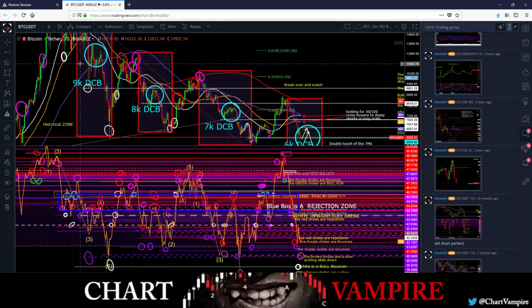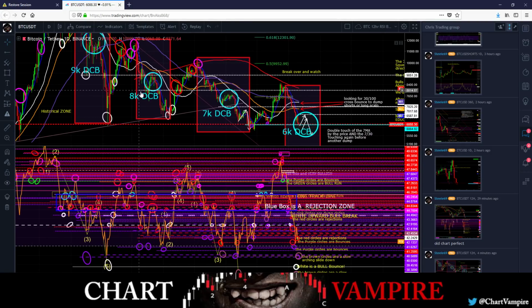This one could actually be the 9 and 10,000 dead cat bounce at the same time, right? This is even 11, 9, 10, 11. I mean, this thing could have been the $11,000 dead cat bounce, but 9, 8, 7.